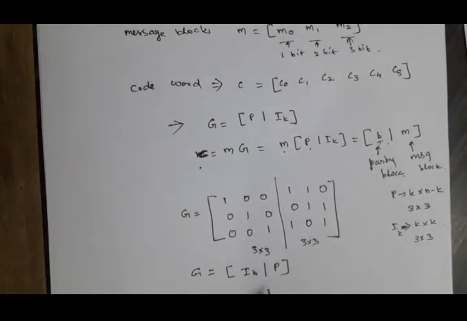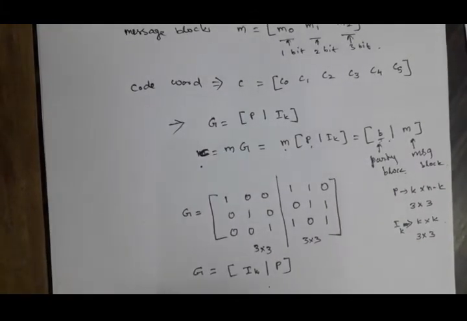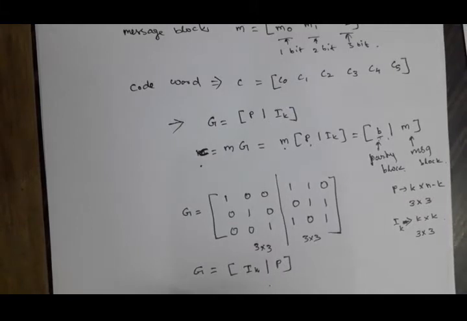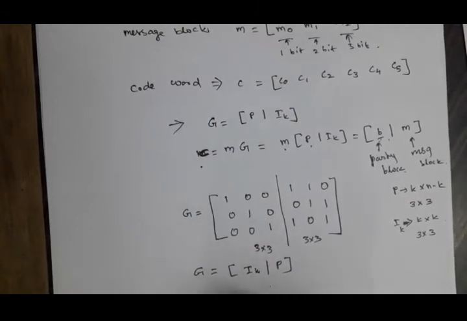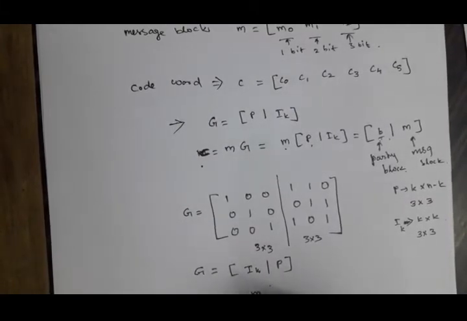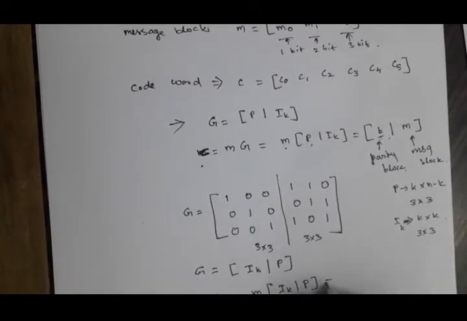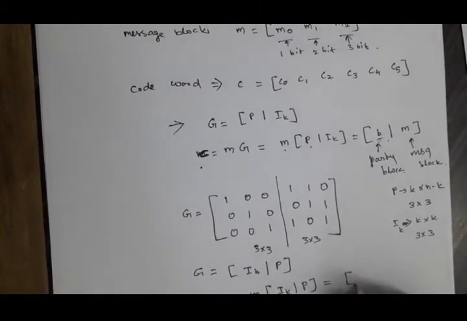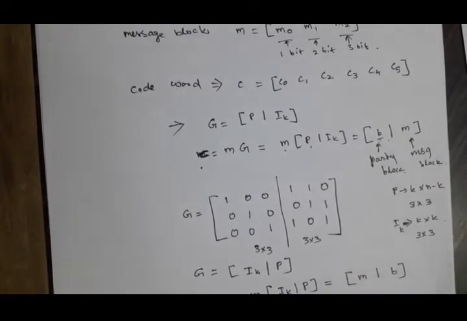But whereas in this part, if you find out the code word C is equal to M into G, then it will be M into the combination of I and P, which can be written as the combination of message block and parity block.